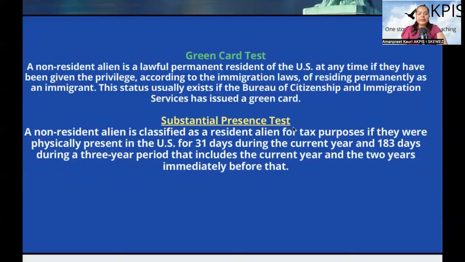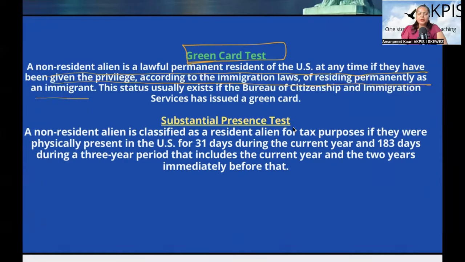If we specifically talk about the green card test, a non-resident alien is a lawful permanent resident of the US at any time if they have been given the privilege, according to the immigration laws, of residing permanently as an immigrant.